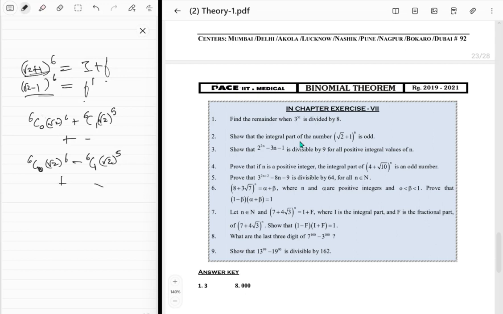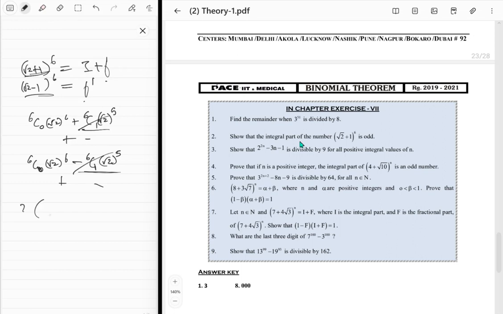So what happens if you add these two up? If we add these two up, you see that the odd coefficient terms cancel, right? So you can get rid of all of that. And then square root 2 power 6, square root 2 power 4, these are all just even powers.